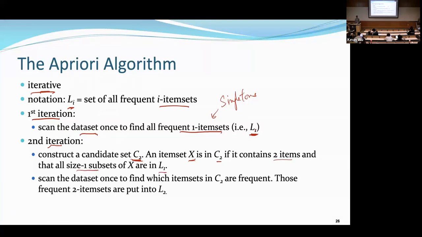After C2 is prepared, the data set is scanned one more time to check which item sets in C2 are frequent. Those that are frequent are put into the set L2, the set of all frequent 2 item sets. And so on.